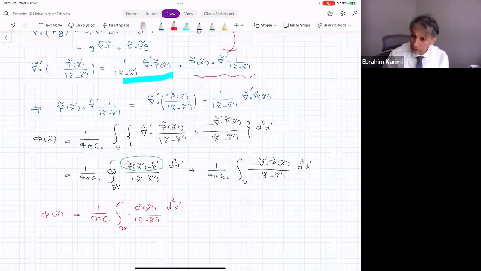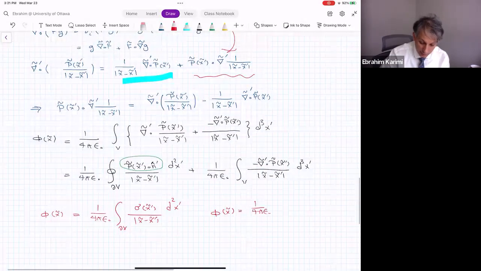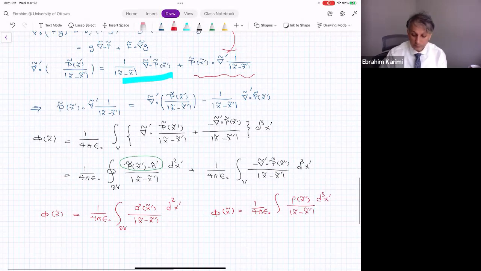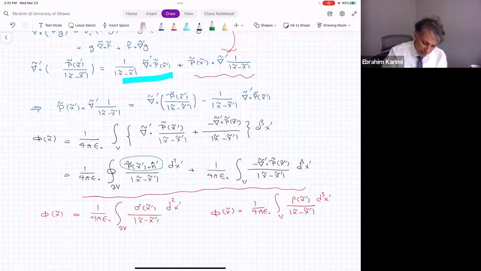If we had the charge distribution in a volume, we have another contribution, which is 1 divided by 4 pi epsilon 0 integral of rho of x prime d3 of x prime divided by x minus x prime on a volume.